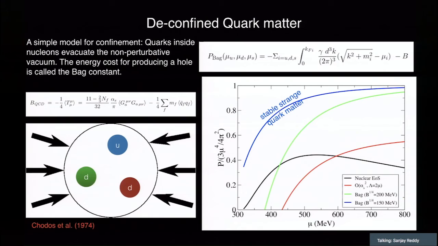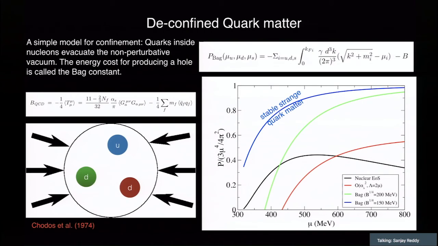So the pressure as a function of chemical potential, now this is the quark chemical potential, and the quark chemical potential is defined to be 1/3 of the baryon number chemical potential, because they carry 1/3 baryon number each. And as you may remember from our discussion of thermodynamics, at 0 temperature and finite chemical potential, the state that has the largest pressure is the state that is favored.